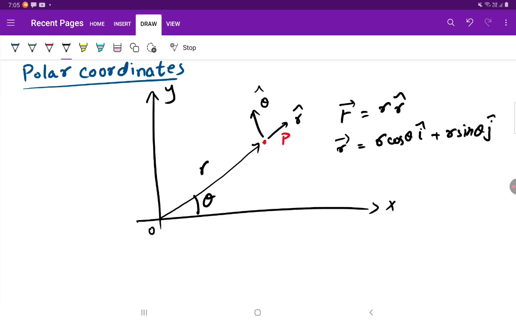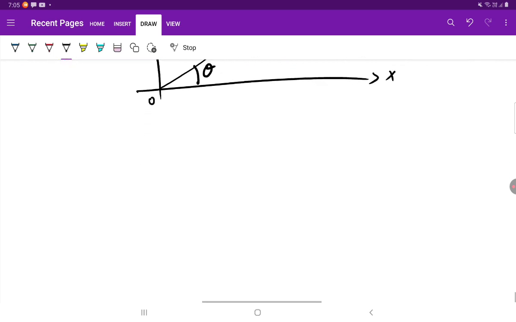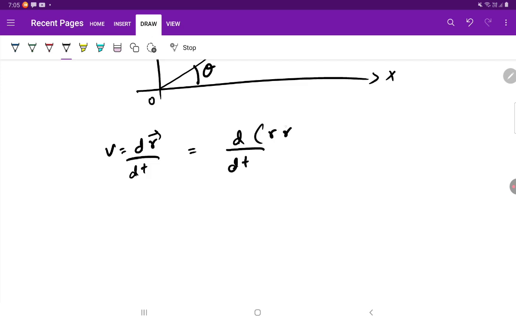Okay, so now what will be the velocity? Velocity will be d r vector by dt, which will come out to be d by dt of r r cap. Suppose that d by dt of r, the rate of change of the magnitude of the radial vector, is given as r dot.